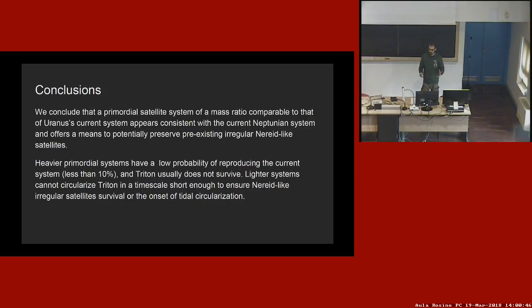So, in conclusion, the authors respond to a long-standing question. We knew that Triton was captured somehow. The point is that they conclude that a primordial satellite system of a mass ratio comparable to that of Uranus can allow for what we see today and preserve the existing irregular Nereid-like satellites.